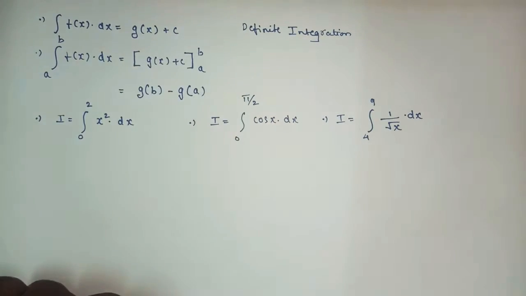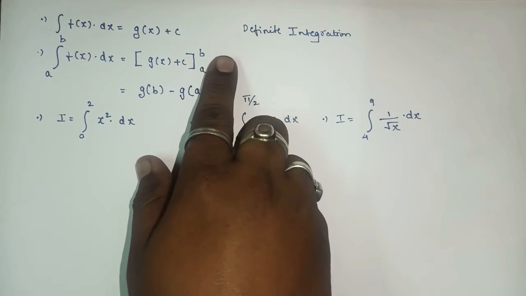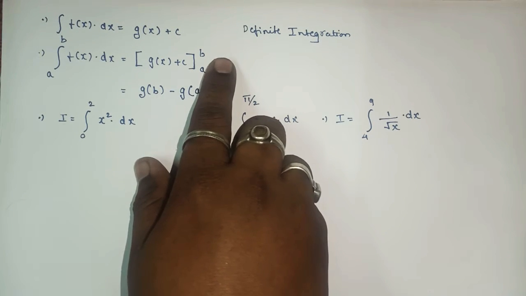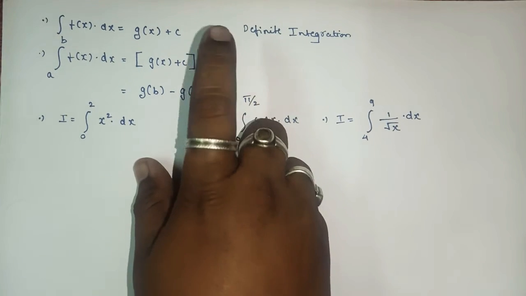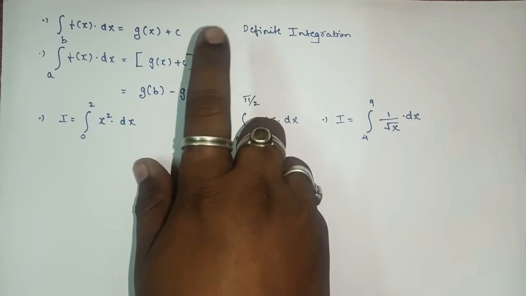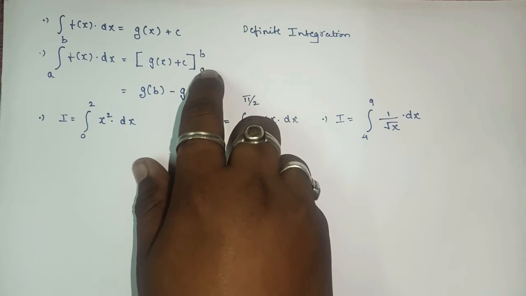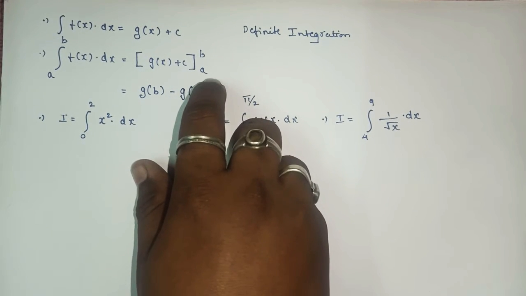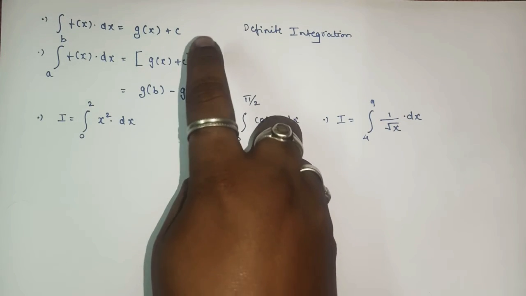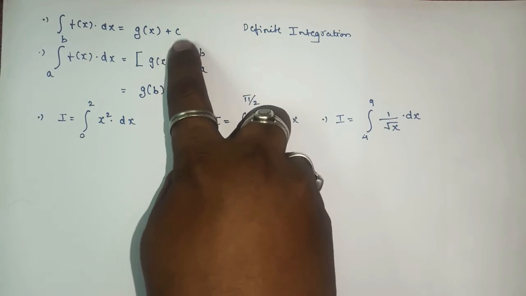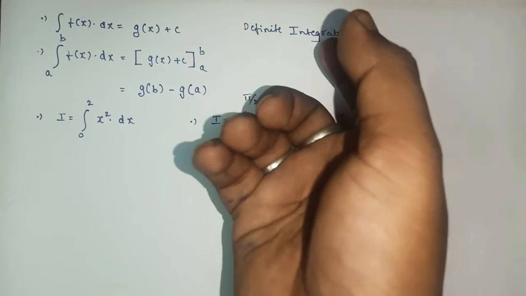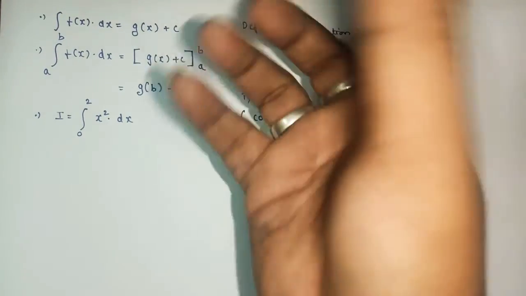What was c? C was the integration constant, which we call the constant of integration, and it takes any value, hence it is also known as arbitrary constant. Such an integral is called an indefinite integral, as c can take any value, hence it is called an arbitrary constant.